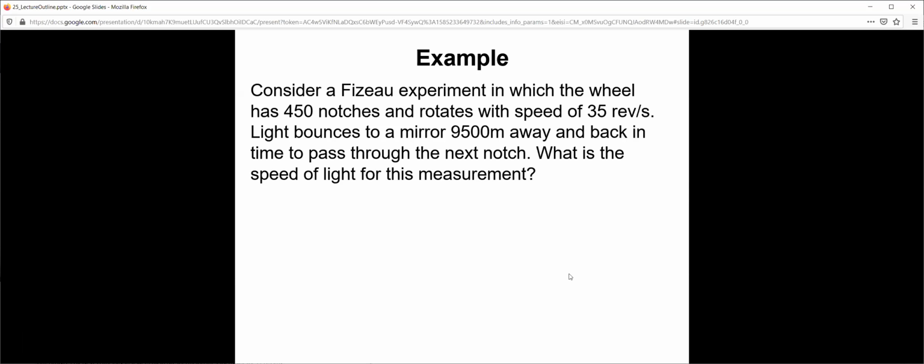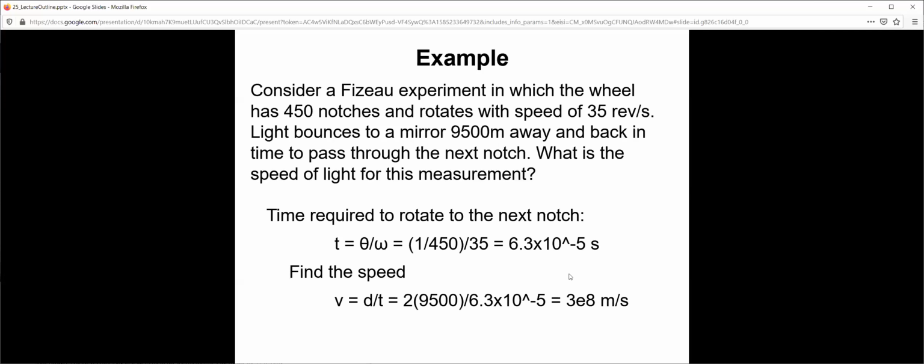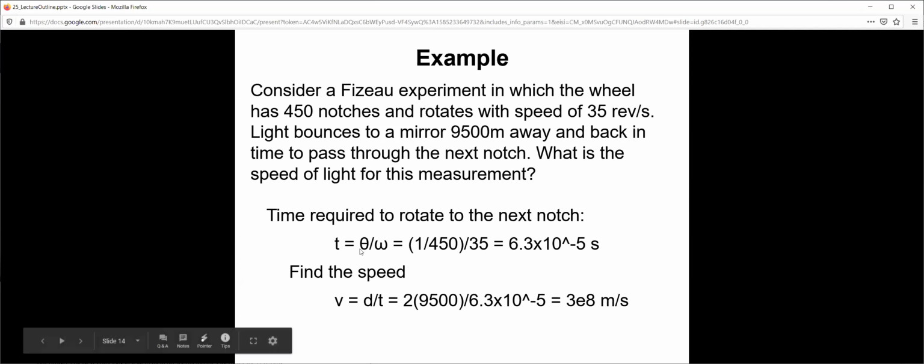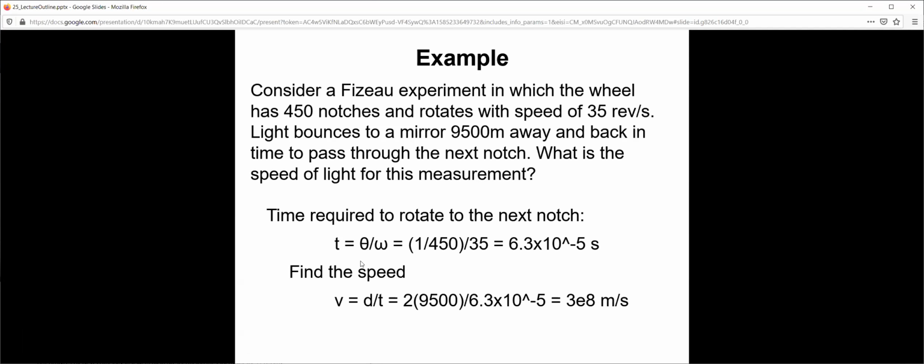Using this information, can you calculate the speed of light? Yes, very much so. If you know how long it takes to skip each notch, you can figure out the time it takes for the light to bounce back and forth, right? And then you have a distance, you have a time, and a velocity is easy to calculate, which is what we do here. The time it takes something to move in this rotational manner, we talked about rotational speed last semester, is equal to theta, which is the arc length, the distance between the notches, divided by omega, which is the rotational speed.